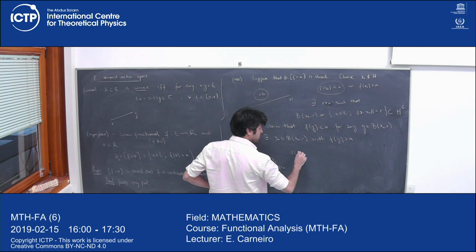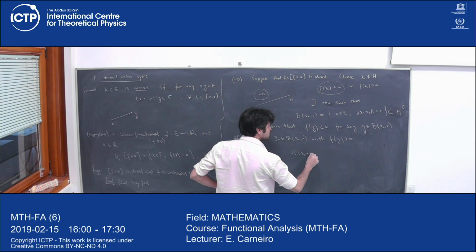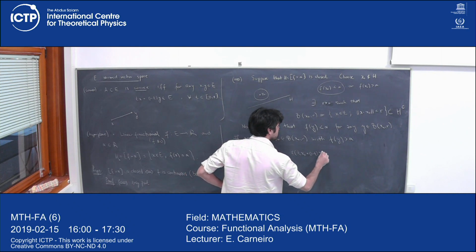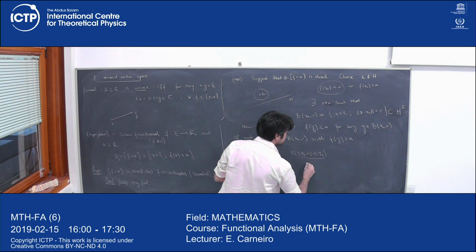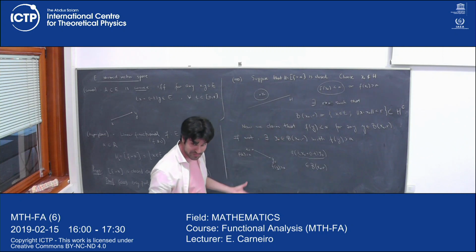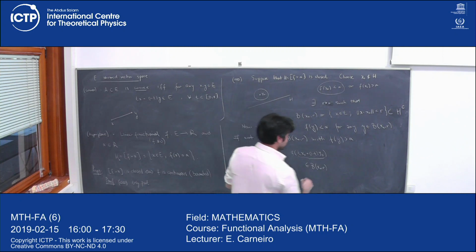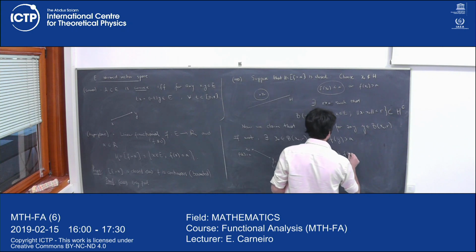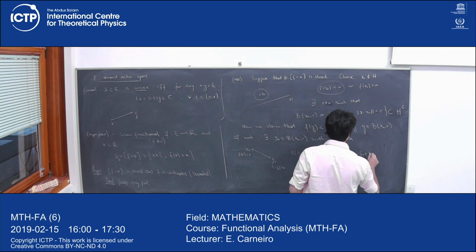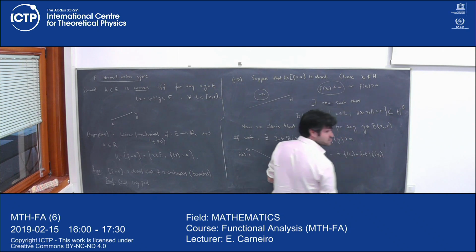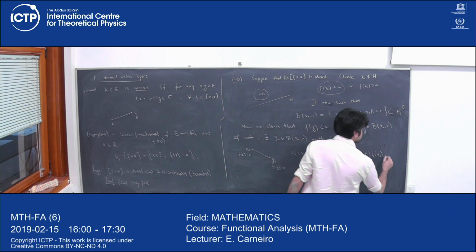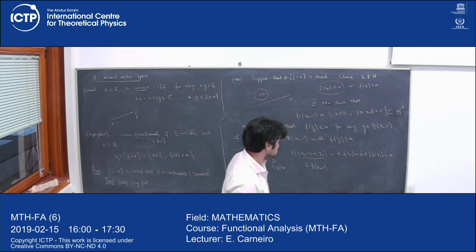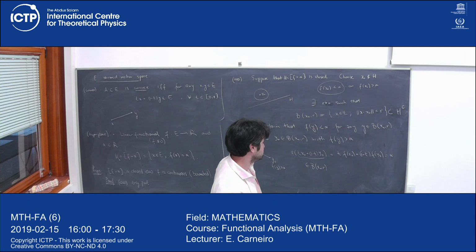So this f of a convex combination, t x0 plus 1 minus t y0, by linearity. This is a point here that belongs to the ball because the ball is one of the simplest of the convex sets. This is t f of x0 plus 1 minus t f of y0. And if you want to reach a contradiction, you want to make this equal to alpha, you have to solve for t, right?